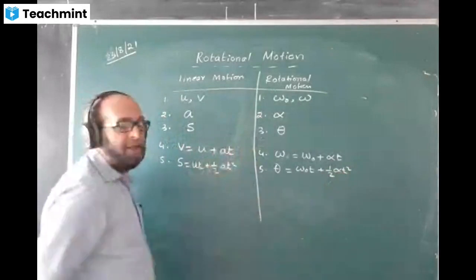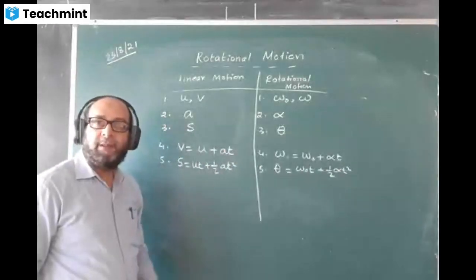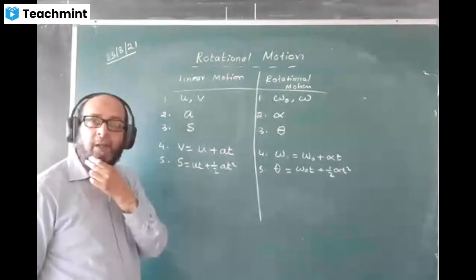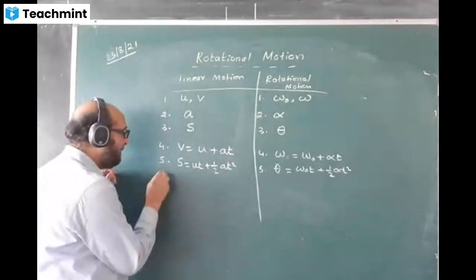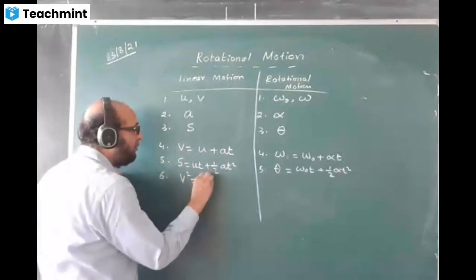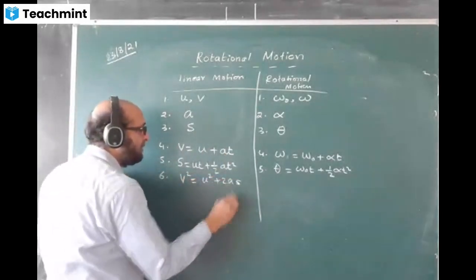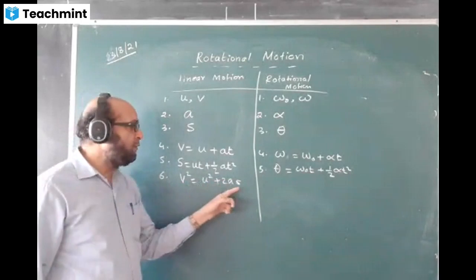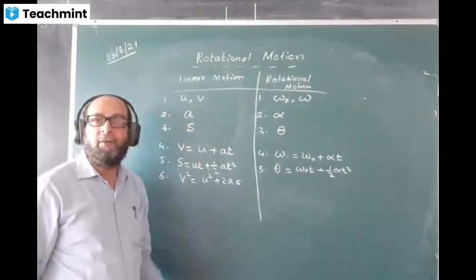If you know this, you only have to know the replacement and the formula, then it becomes a formula here. The sixth formula, v square is equal to u square plus 2as.